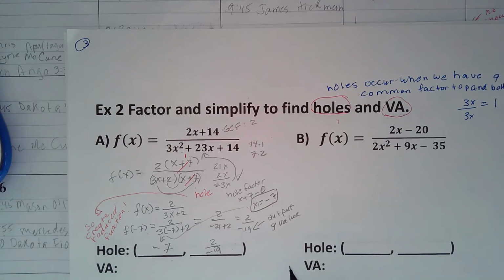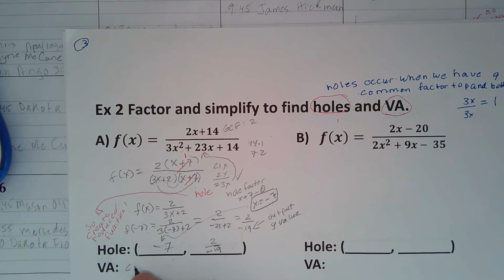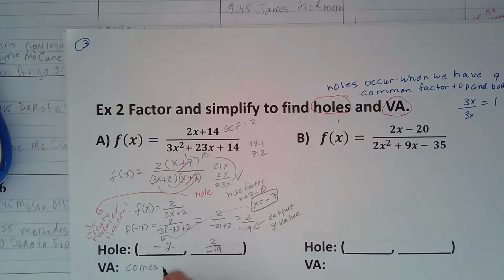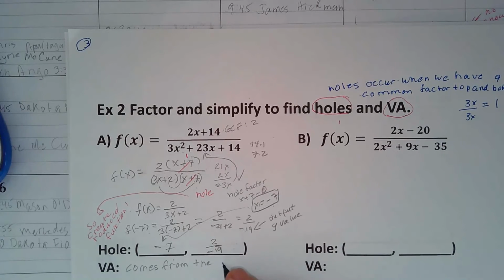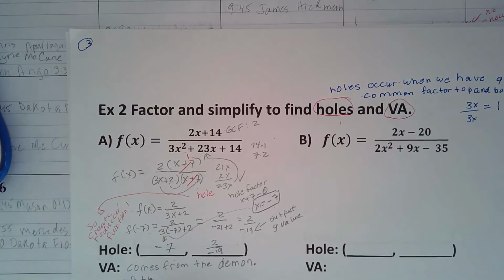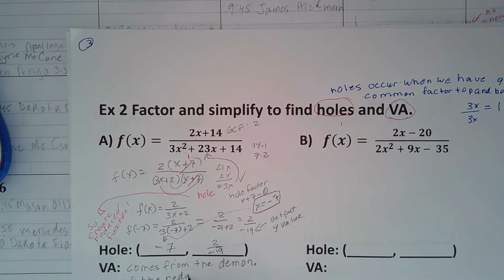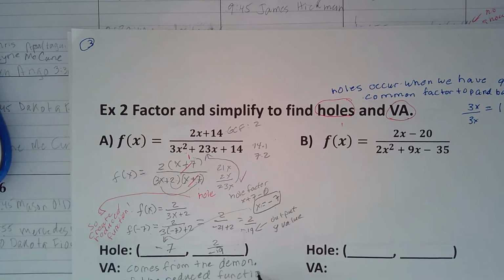Right? Okay, so now we want to find the vertical asymptote. So the vertical asymptote comes from the denominator of the reduced function that we just did above. So the denominator of the reduced function was this 3x plus 2.